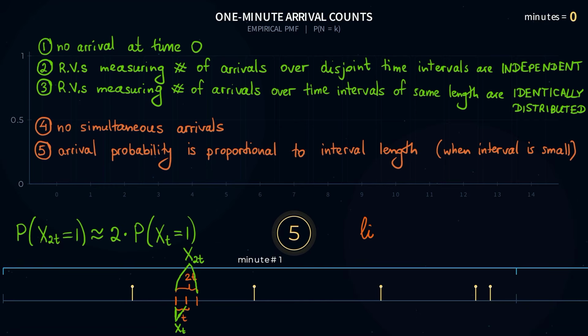Mathematically, this statement says that the limit as t goes to 0 of the probability that x with index t equals 1, over t, is equal to lambda. Remember that lambda is the one parameter of the Poisson distribution, and it gives us the average arrival rate.